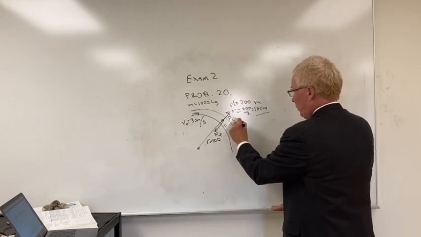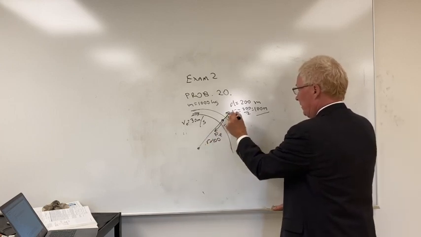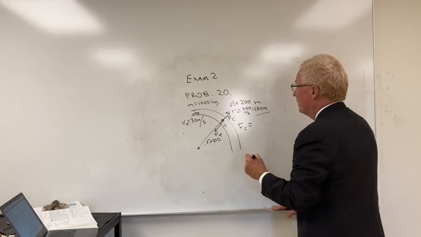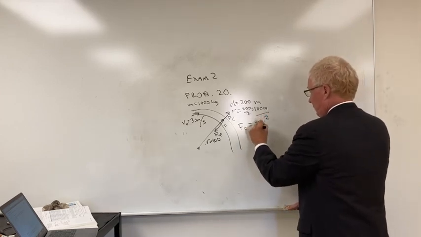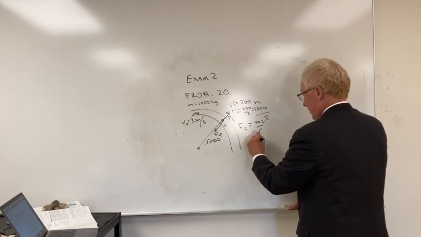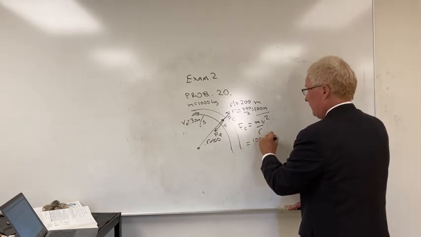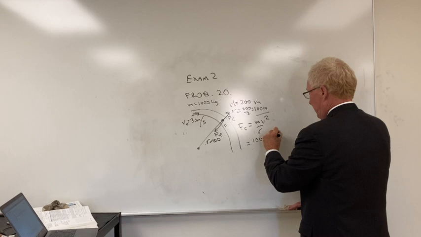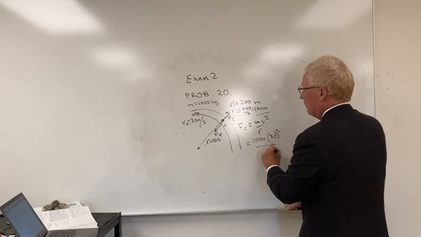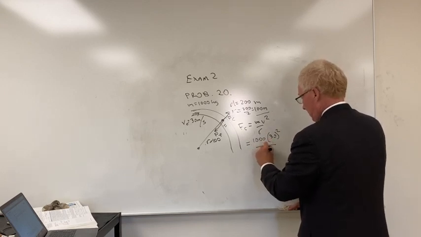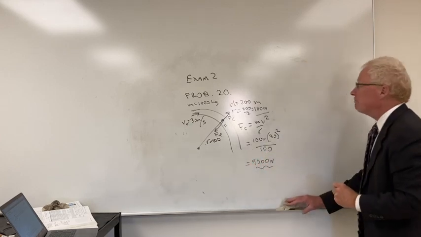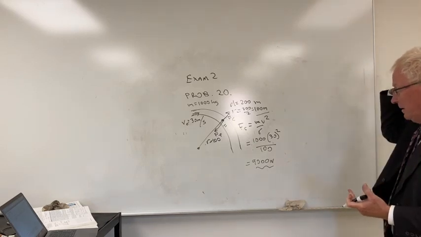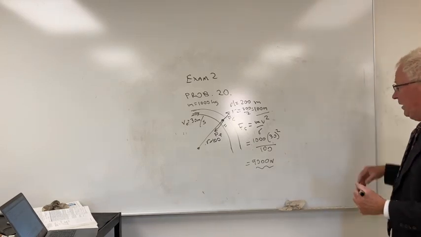All we need to know is this has to be at least equal to that. So the frictional force has to be at least mv squared over r. So it'll be 1,000 times 30 squared over 100, which is 9,000 newtons.